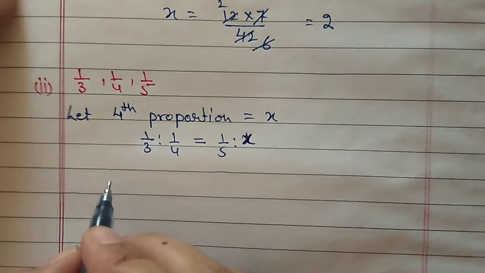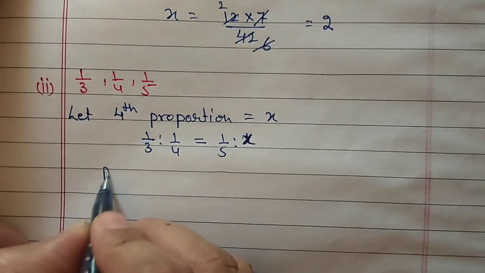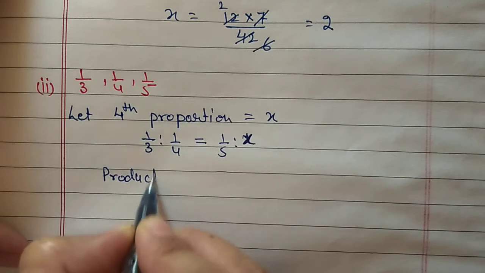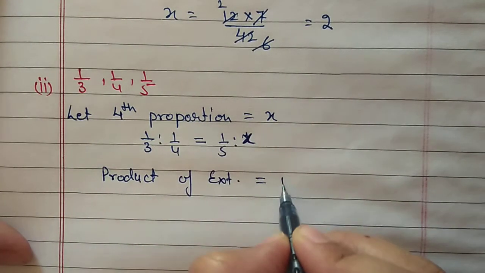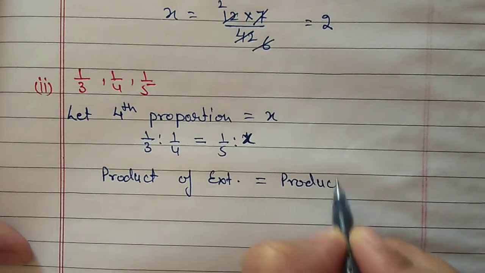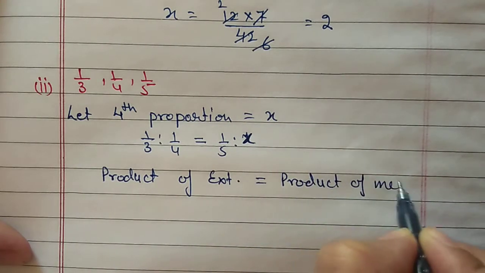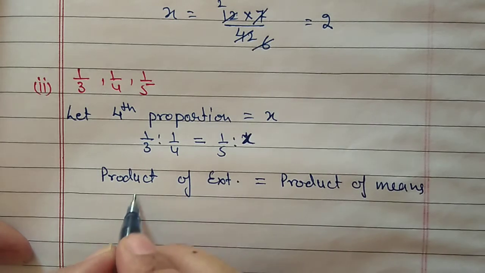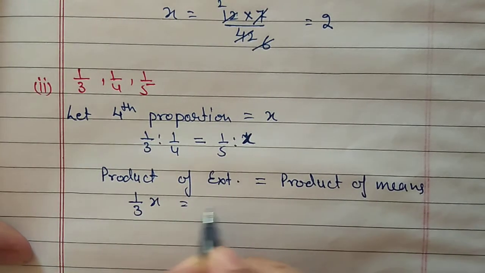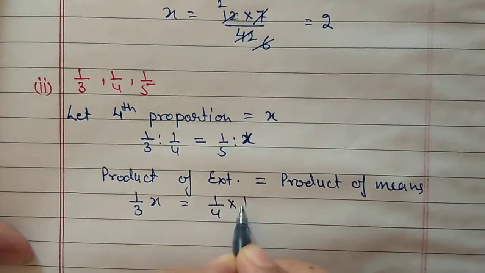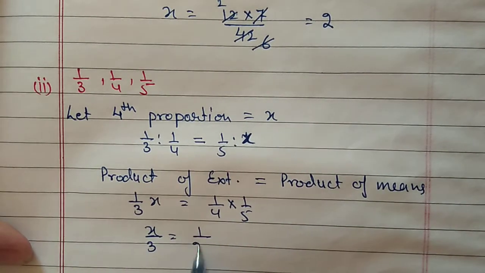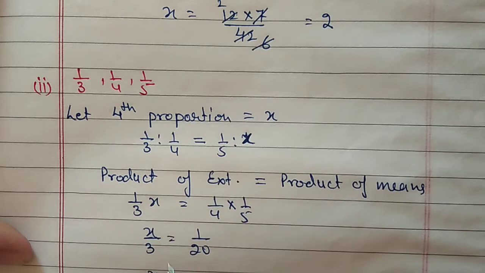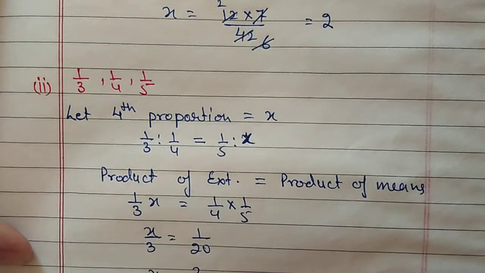Now we can use the property, product of extremes is equal to product of means. The extremes are 1 by 3 and x is equal to 1 by 4 into 1 by 5. So x by 3 is equal to 1 by 20. The x value will be: when you shift the 3 to the other side, it will go for multiplication, 3 by 20.